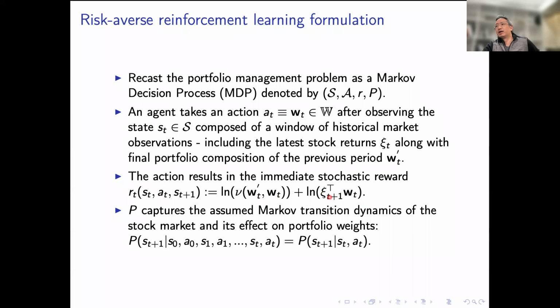This is determined by the latest stock return, but moreover it is also correlated with other historical market information that could be helpful for the prediction. And we have a transition probability that is just defined based on the classical definition. Okay.